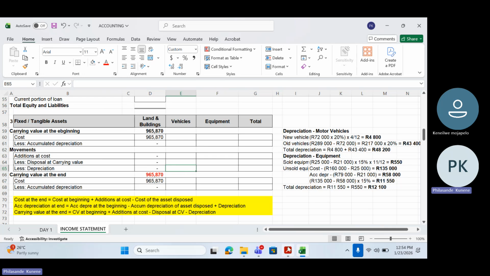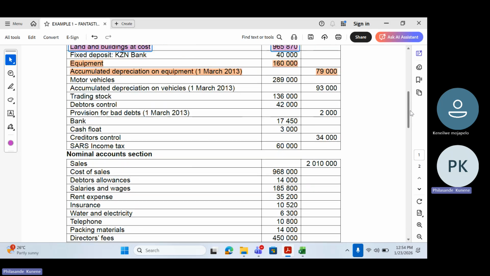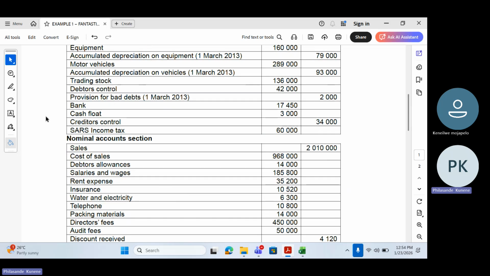Number one, I will go to my trial balance. On my trial balance, what I can see, these are motor vehicles, right? This is the cost. And this is accumulated depreciation on 1 March 2013.